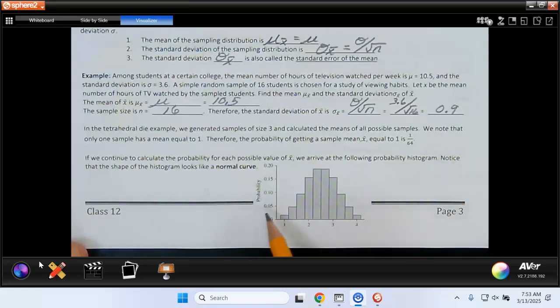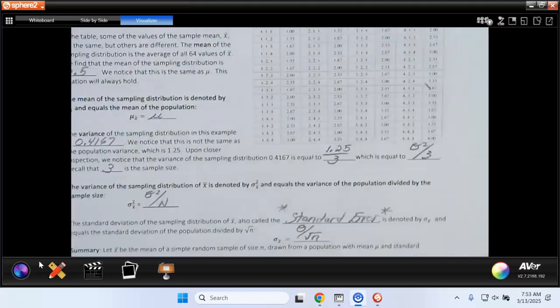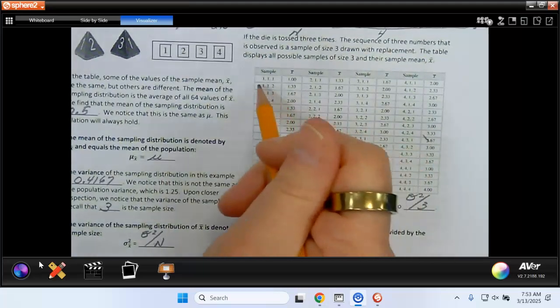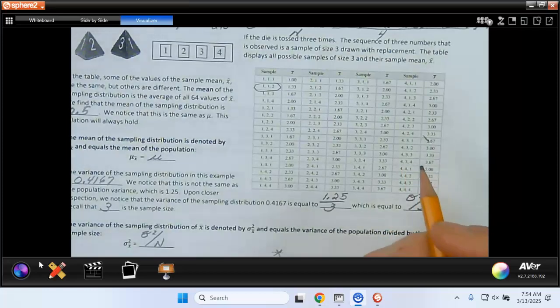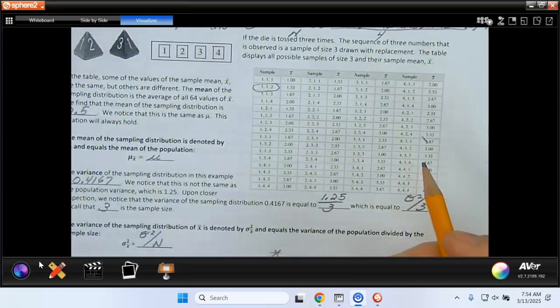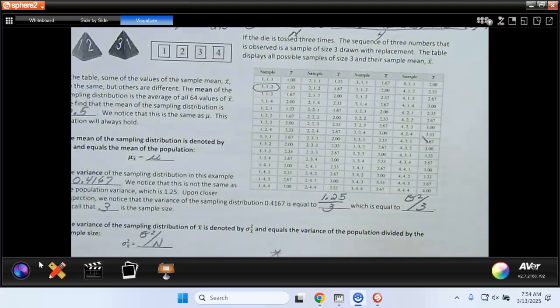And if you look at the histogram of it, there was only one way you could get a mean of 1, and that was 3 rolls, 1, 1, 1. There was only one way to get a 4, which was 4, 4, 4. But for the first one after 1, 1.33, you could have had 1, 2, 2, or 1, 2, 1, and 2, 1, 1.